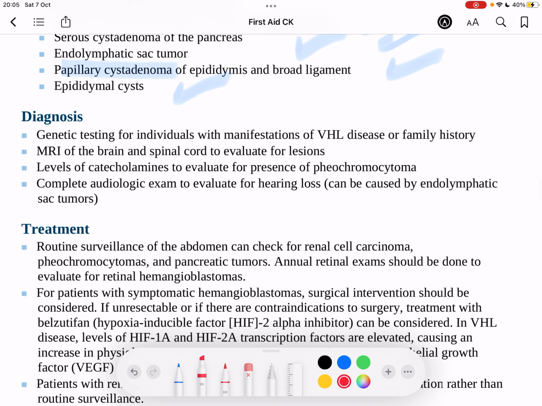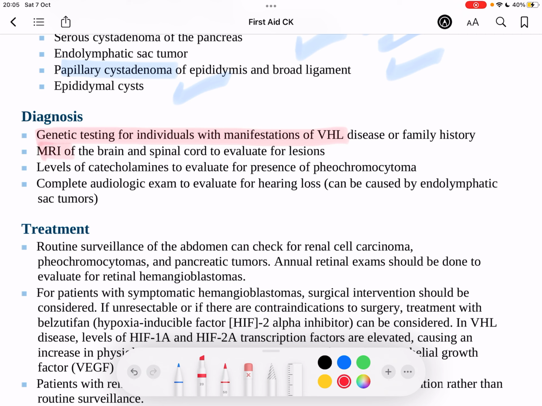In regards to diagnosis, genetic testing for individuals with manifestations of von Hippel-Lindau is an important thing to do. Just on a side note, for tuberous sclerosis and NF1, we don't need genetic testing, but for von Hippel-Lindau, it is advised in most countries. An MRI should be done.